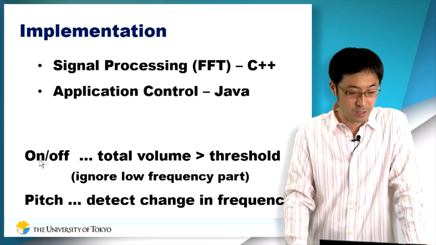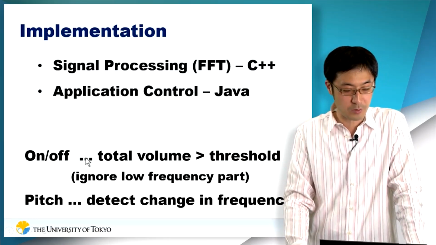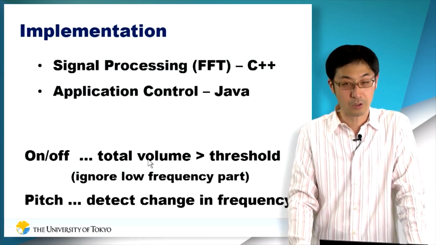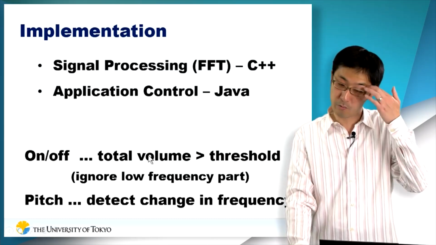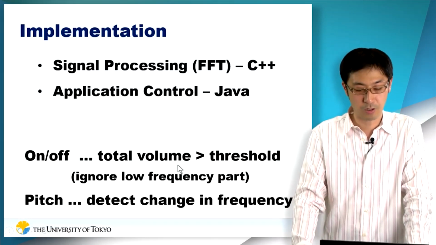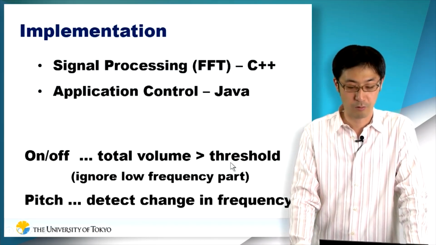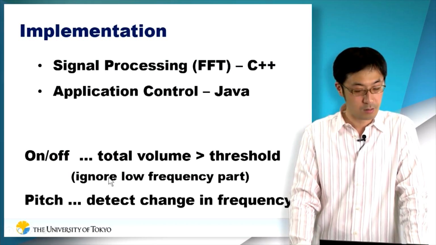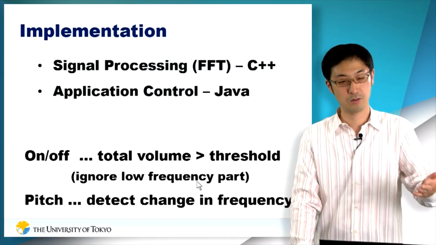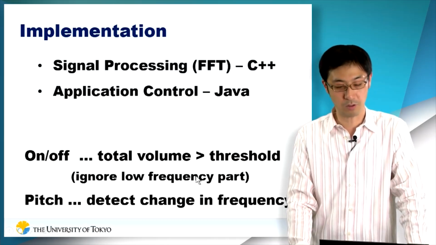The first technique, on and off control, is a very naive implementation. It just checks the total volume, the total power of the input signal, and checks whether the total volume is larger than the threshold or not. One implementation detail is that we ignore the low frequency part to suppress background noise.